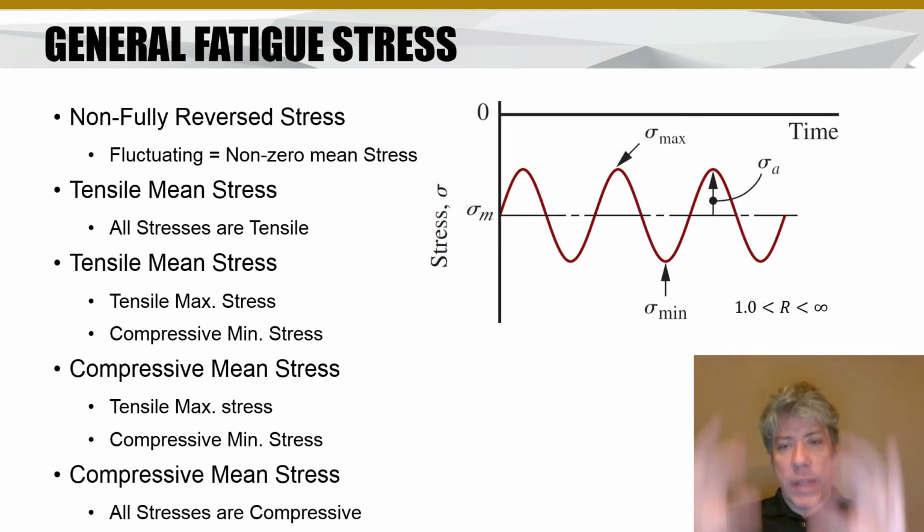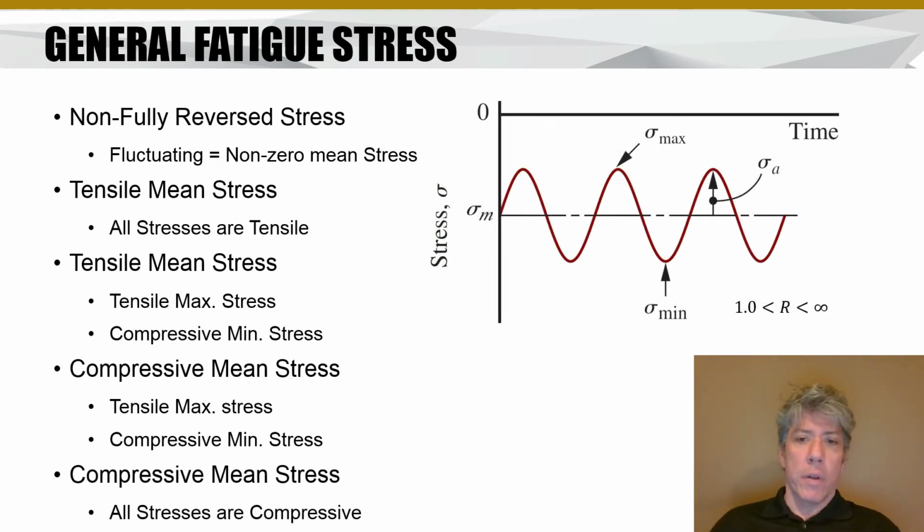Now if we keep moving that curve down farther, we'll still have a compressive mean stress, but now all of the stresses, the maximum and minimum, are compressive. And so they're both going to be negative, so negative over negative, we're always going to get a stress ratio that is positive. And of course, as we move it down farther and farther, sigma max and sigma min approach each other. That ratio then approaches 1.